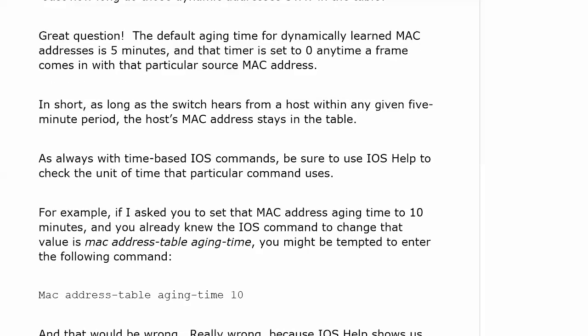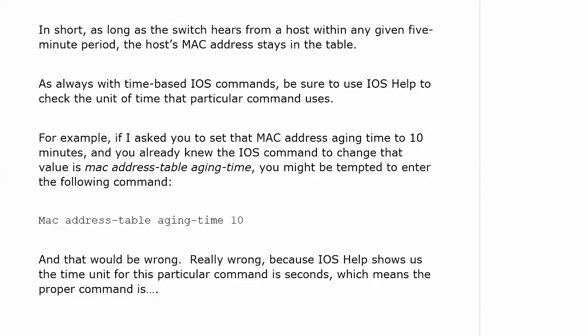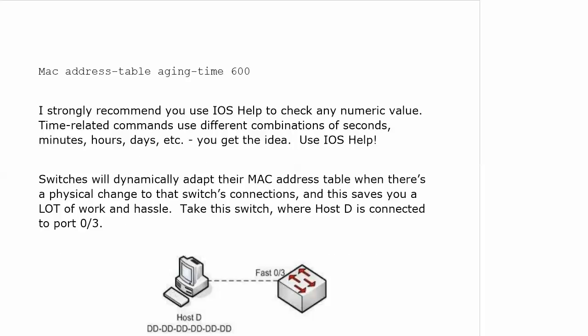You might be tempted just to enter or write down mac address-table aging-time 10. And that would be incorrect. It would be really incorrect because IOS help shows us that the time unit for that particular command is seconds, which means that the proper command would be mac address-table aging-time 600.